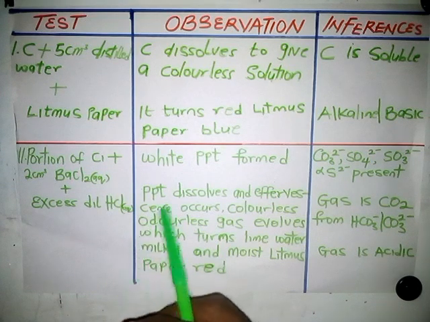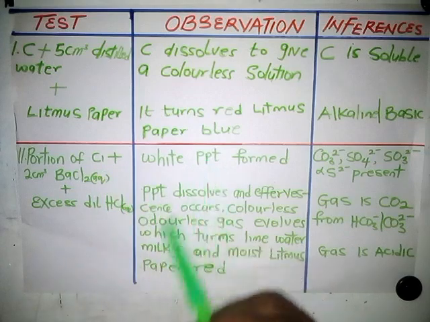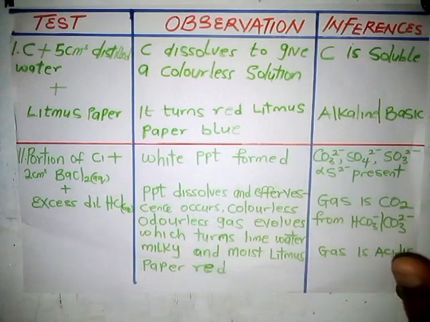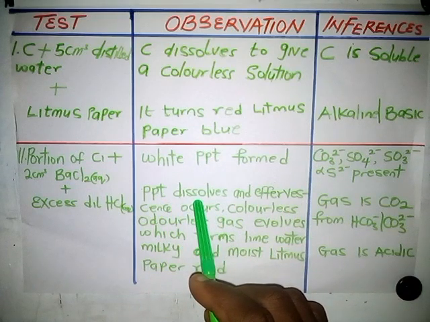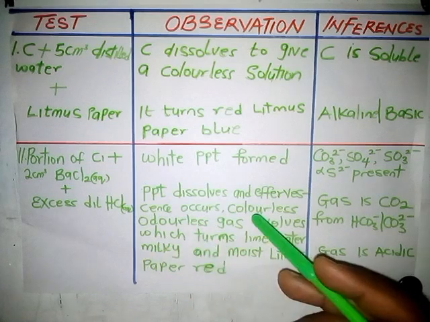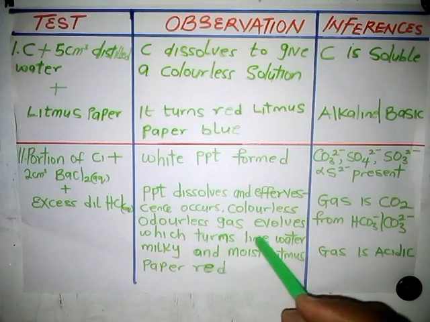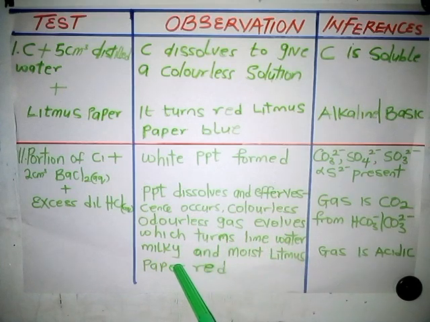So now I'm saying the first thing you have to know is that this white precipitate dissolves, and effervescence occurs, then a colorless, odorless gas evolves, which turns lime water milky and moist litmus paper red.